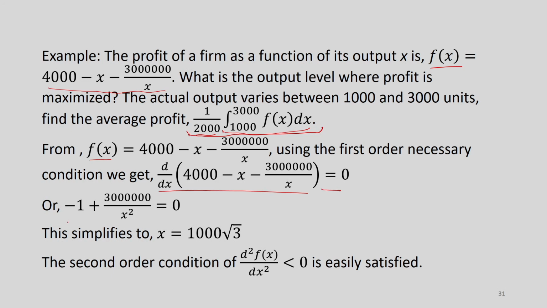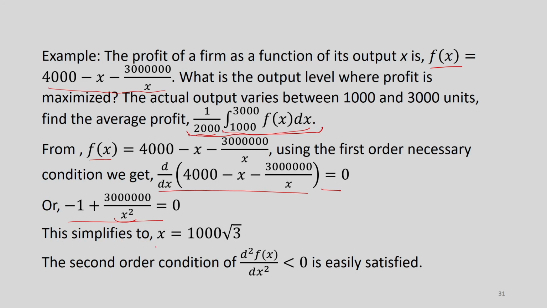From this I get minus 1 plus 3 million divided by x square, because the power of x is minus 1. So, if I take the derivative of that, minus 1 will come first, and then minus minus becomes plus, and x to the power minus 2, and therefore I have divided by x square.